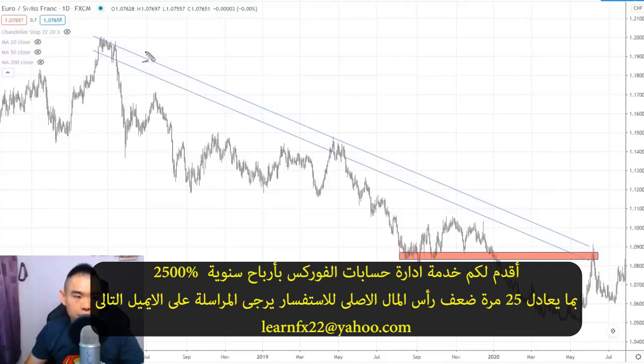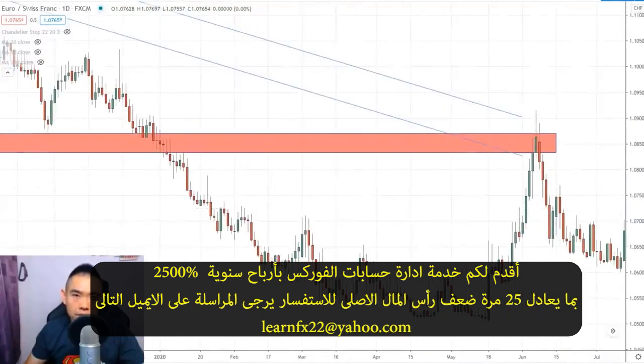Again, you have the confluence of this resistance here and this downward trend line here. And then price rejection is in the form of this candle. Price came into this level and got rejected strongly, closing right near the lows of the day. So this is again the TASE formula in action.